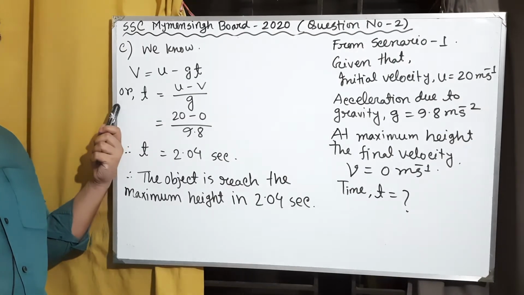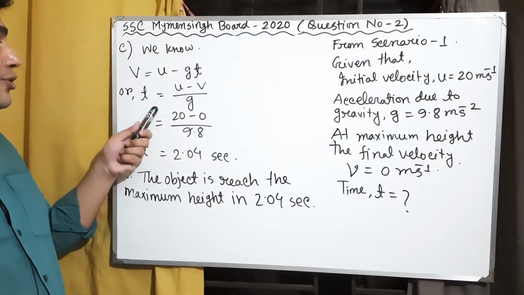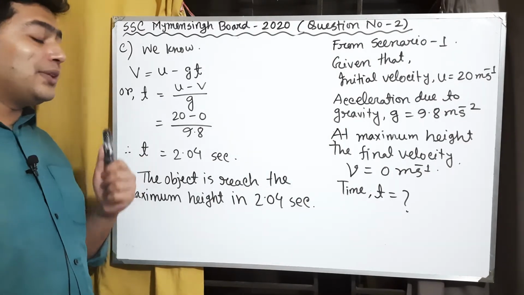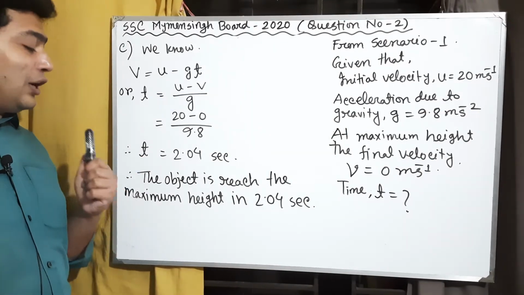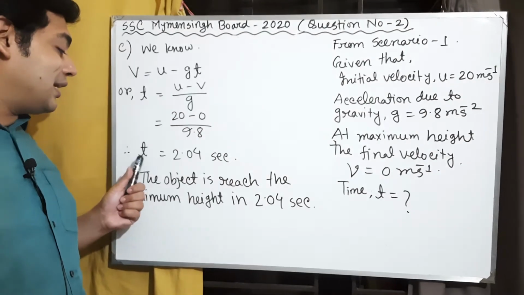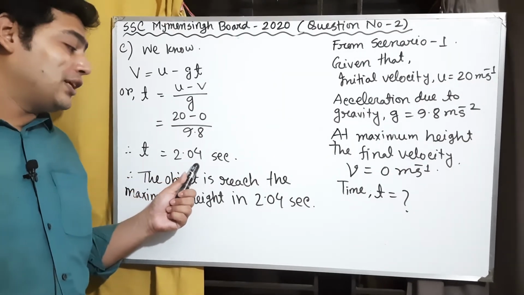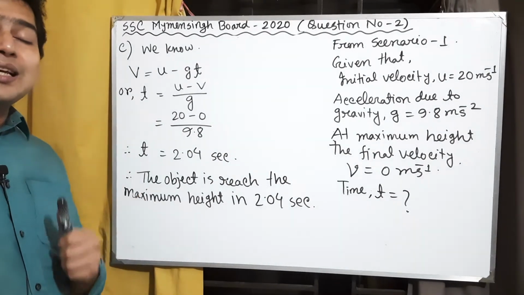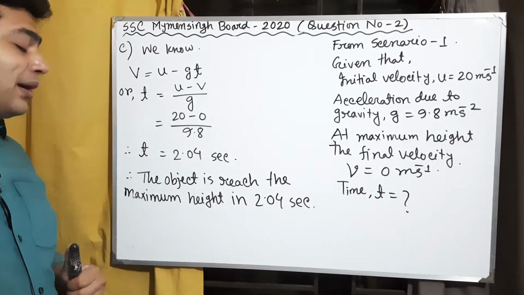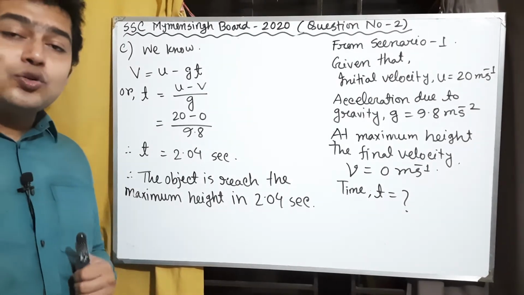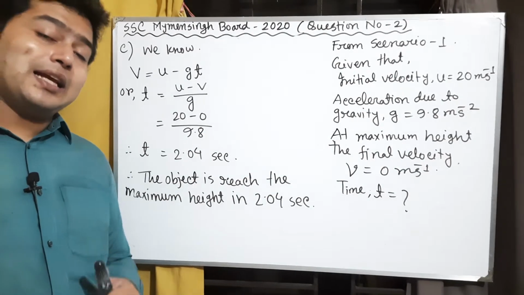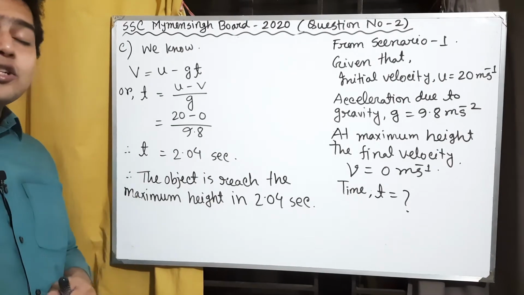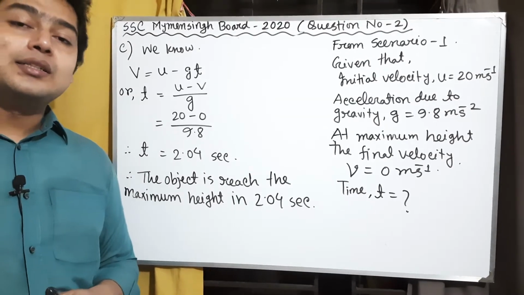From this equation we can write t equals (u minus v) divided by g. Putting the values of the parameters and calculating, we get t equals 2.04 second. So we can say that the object reaches the maximum height in 2.04 second. My dear boys, this is the solution for question number C.